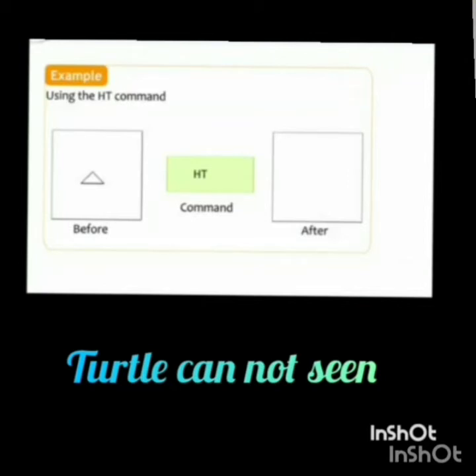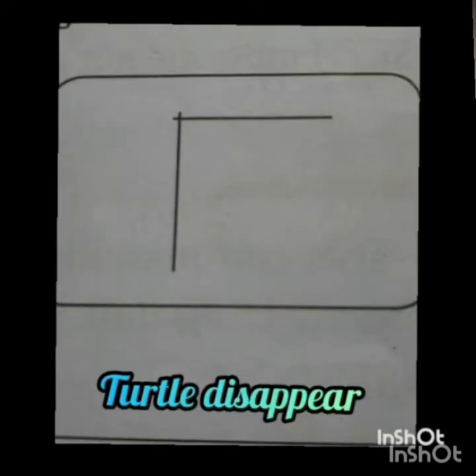And now when we give the HT command followed by other commands, HT, right 90, forward 50. So here we have seen how the hide turtle command has worked. The turtle disappears but it continues to draw.